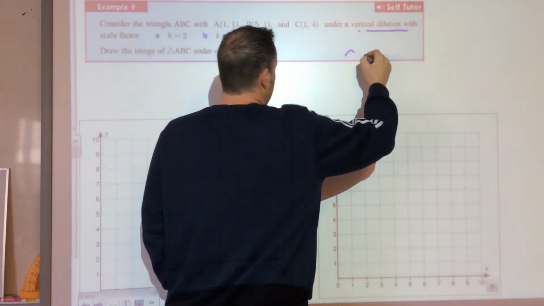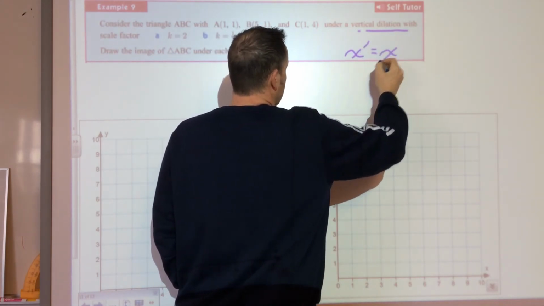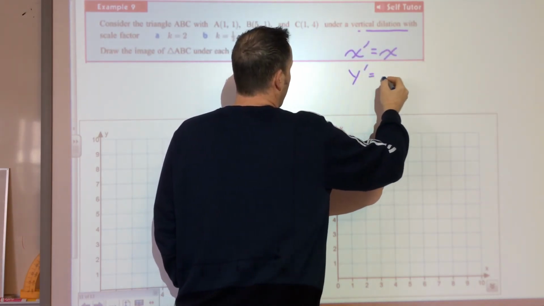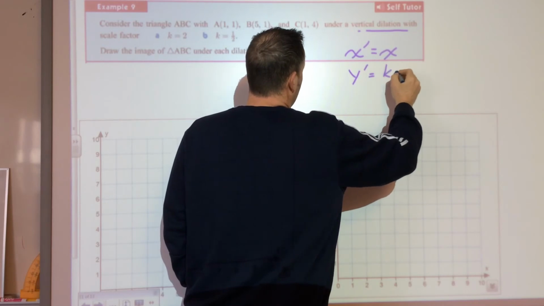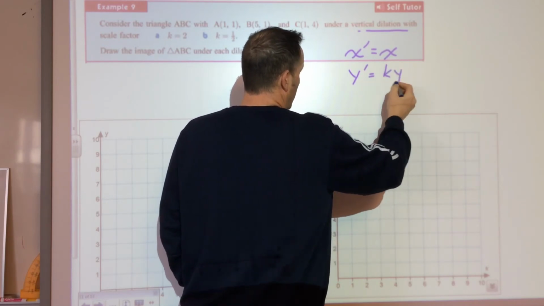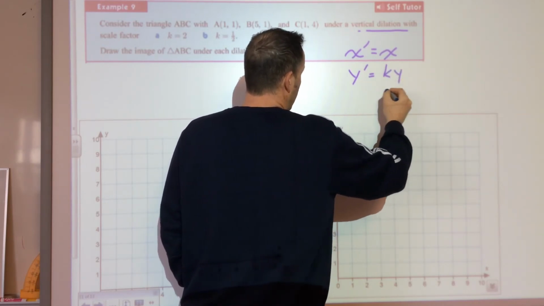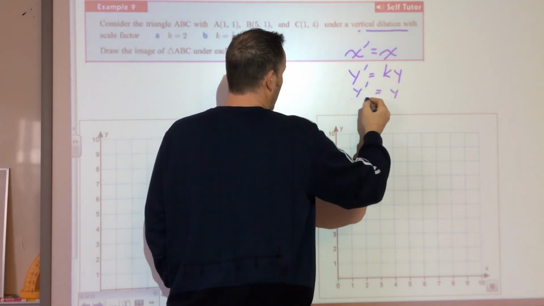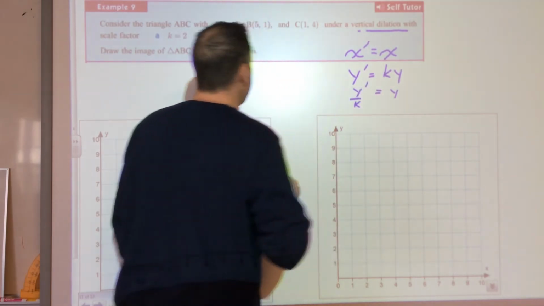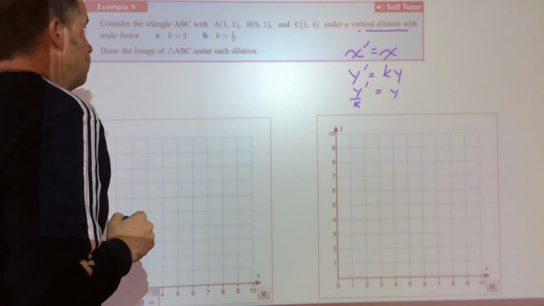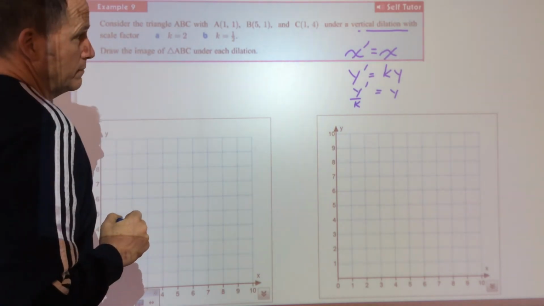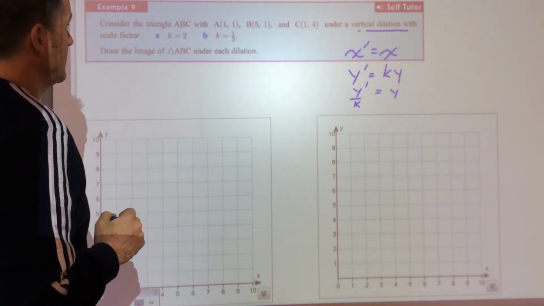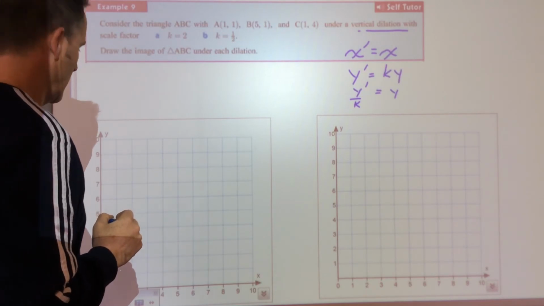In this case, we're dealing with a vertical dilation. So that means x prime is still going to be x. Now y prime is going to be ky. So that little rearrangement means y equals y prime over k. I feel like I made a mistake somewhere. I want to go back in the video here.